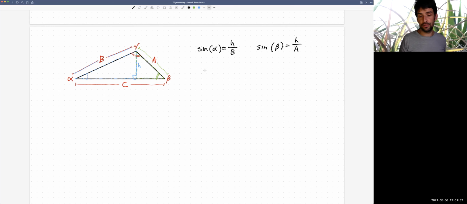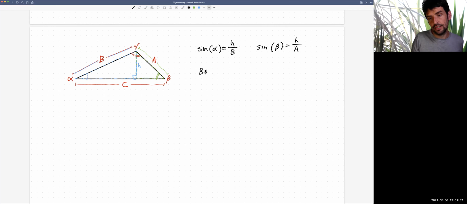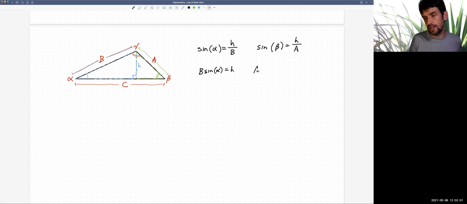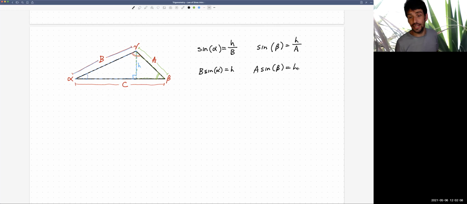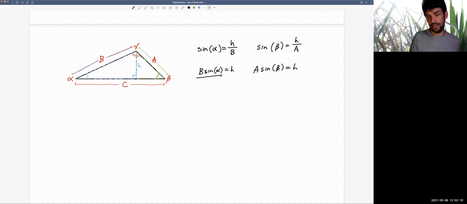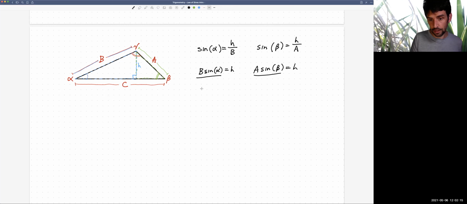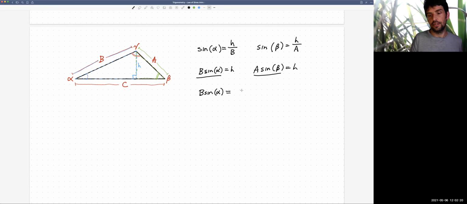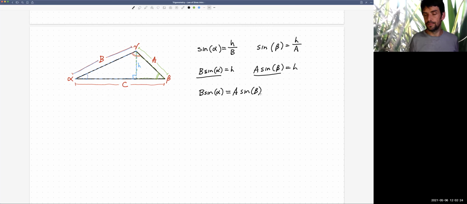Well, with a little bit of rearranging, we see that B sine alpha equals H, and A sine beta equals H, which means these two things, B sine alpha and A sine beta, must be equal to each other, right? So B sine alpha is equal to A sine beta.